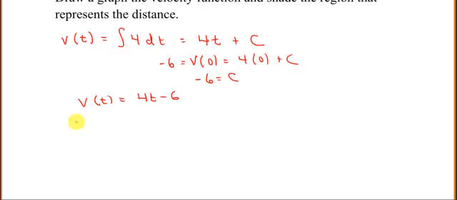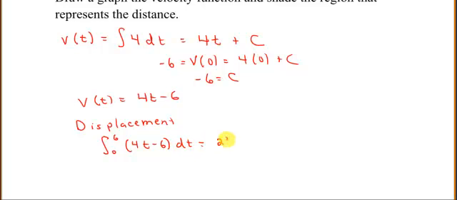The displacement is going to be the integral from 0 to 6 of the velocity function 4t minus 6 with respect to time, and that's going to be 2t squared minus 6t from 0 to 6.